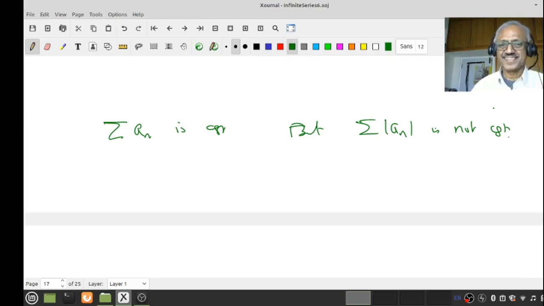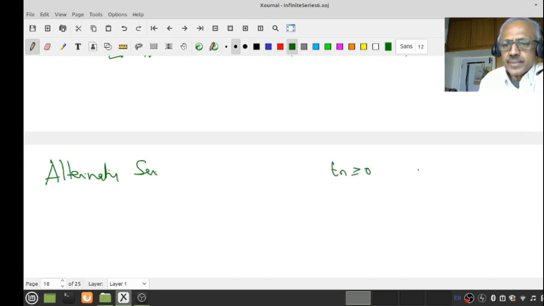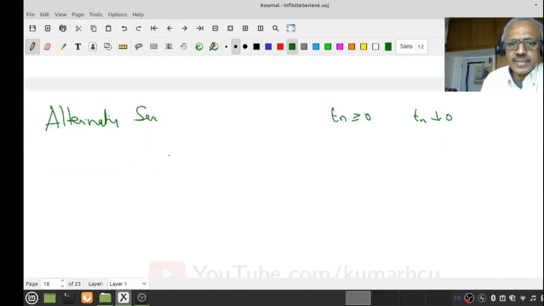Please understand that. The standard example is the usual alternating series. Let Tn be non-negative and Tn decreases to 0. Now let An be (-1)^(n-1) Tn. Therefore, it's going to be T1 - T2 + T3 - T4, and that is the infinite series.